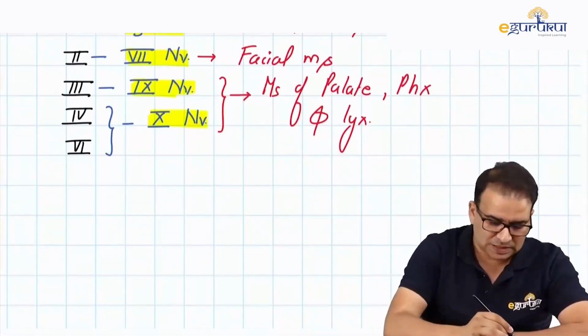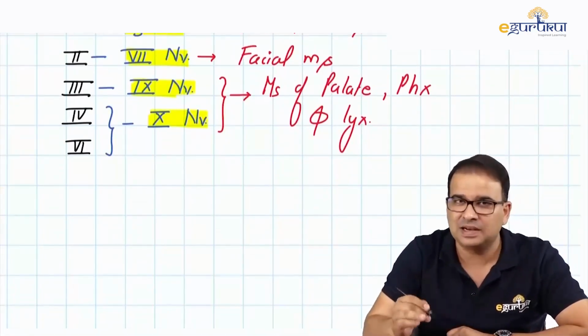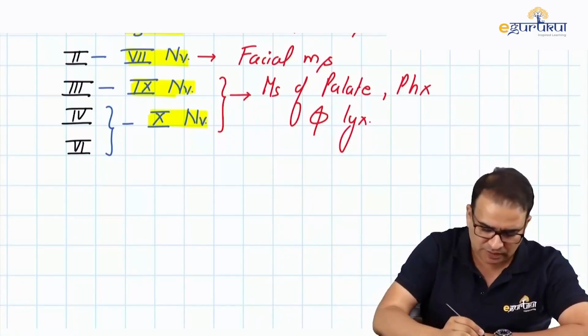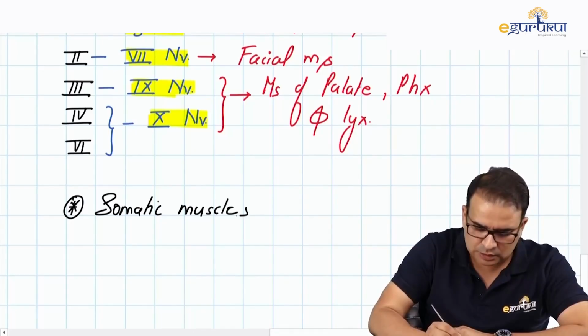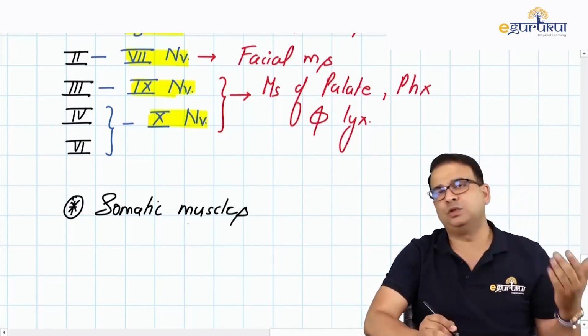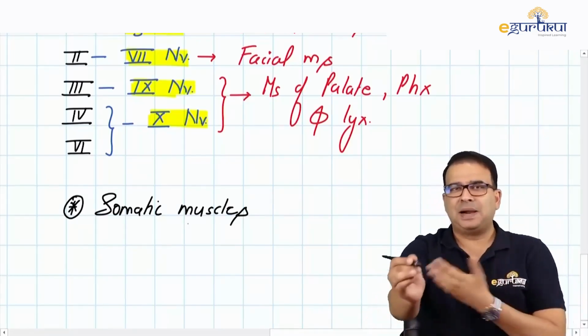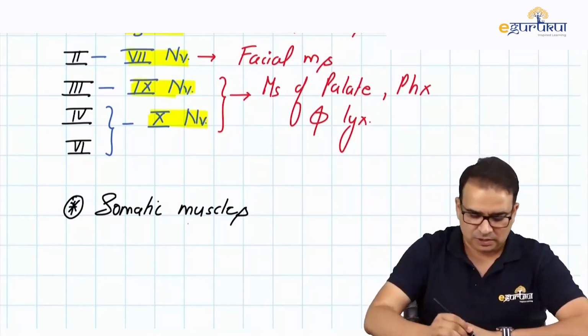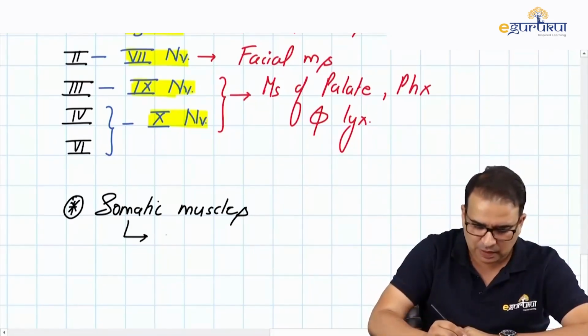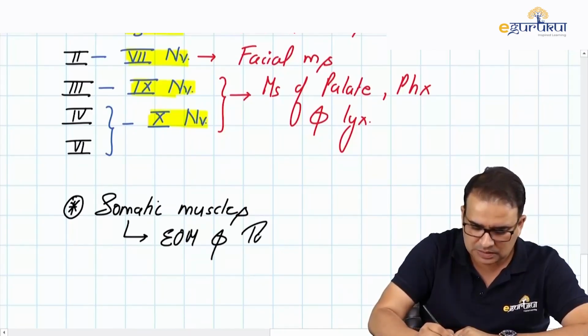So those muscles are called the somatic muscles. They are derived from the somites or somatomeres. So guys, I would say that somatic muscles in the head and neck part. We have so many somatic muscles below, biceps, triceps, they are all somatic muscles. We are only focusing on this part right now. So the somatic muscles in the head and neck part are the extraocular muscles and tongue muscles.